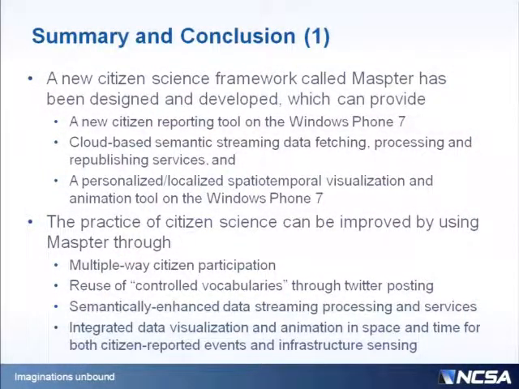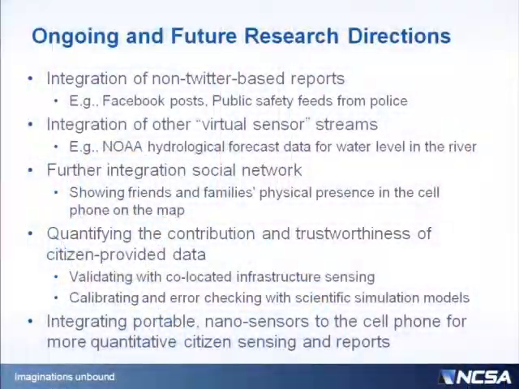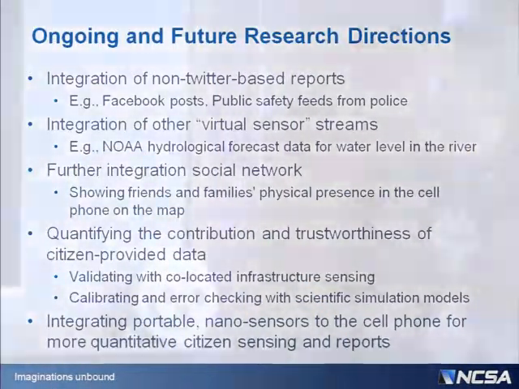Yeah. So the question was if we actually can add external information and the sensor data to quantifying the quality of the citizen report. Yeah, I think that's exactly what we are talking about for the last one: integrating portable narrow sensors to the cell phone for more quantitative citizen sensing.